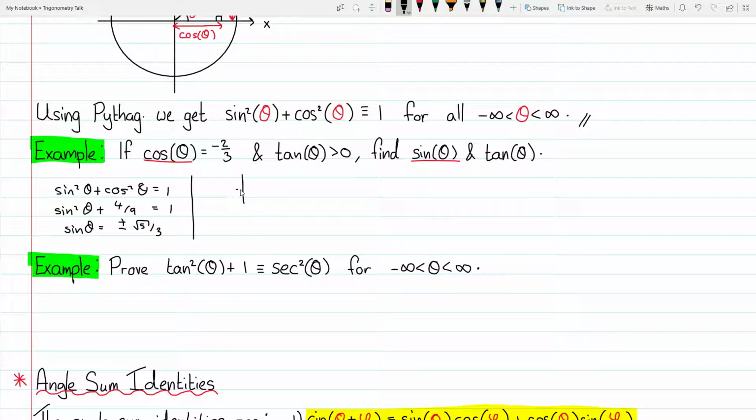So I'm going to draw a very brief couple of diagrams, and I'm going to mark some points. This is going to be pi over 2, pi, 3 pi over 2. And you'll see why I'm doing this in a moment.